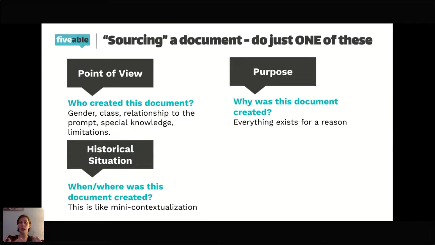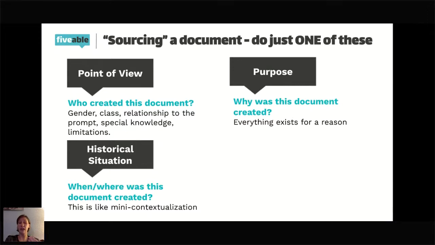A document created on July 4th, 1776, in the British colonies of North America could be the Declaration of Independence, or it could be another document, but we know maybe something about the political tensions between colonists and the British at that time.